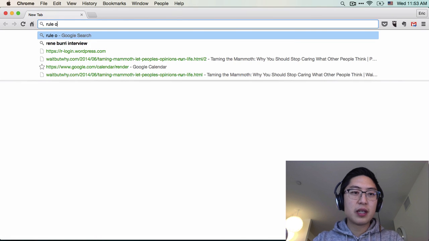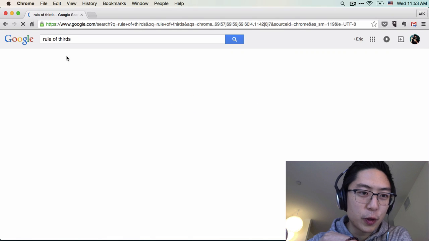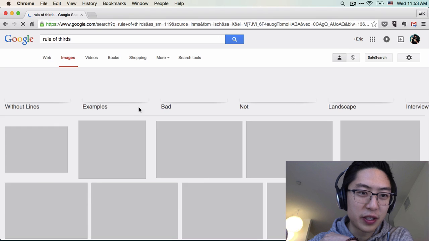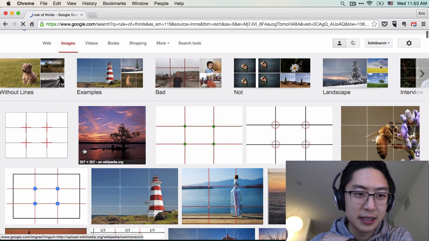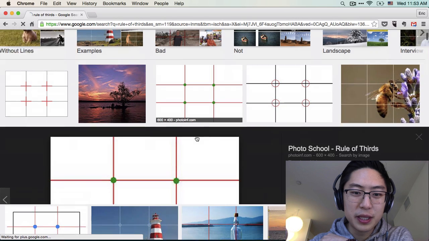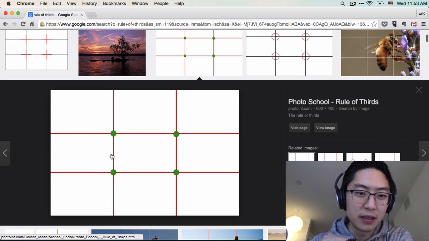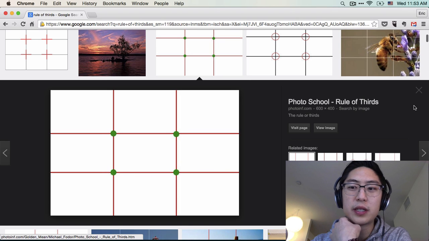If you Google rule of thirds, I'm sure we've all seen it. If you aren't familiar with the rule of thirds, the concept is, assume this is your viewfinder, and then you split it into thirds, and these connecting points are where our eyes are drawn to our focus.